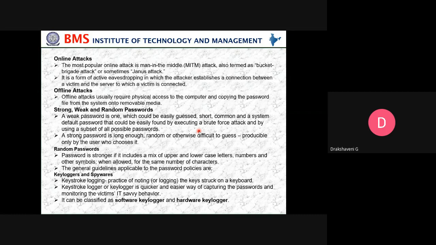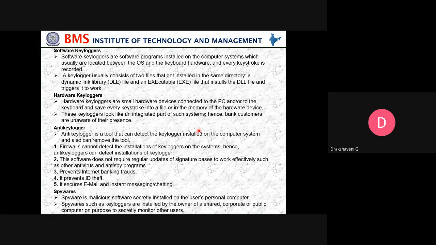A keystroke logger or keylogger is a quicker and easier way of capturing the password and monitoring the victim's behavior. It can be classified as a software keylogger and a hardware keylogger. So then what is a software keylogger?